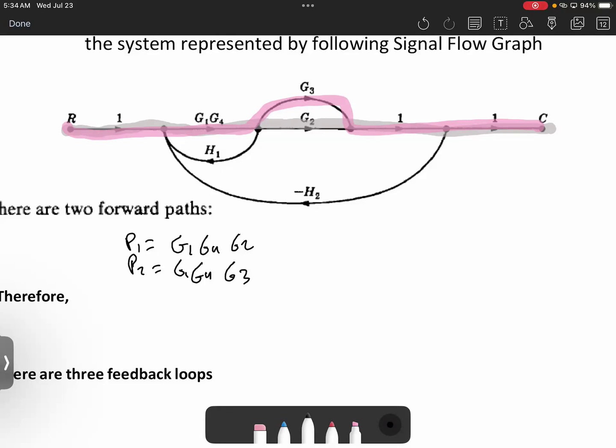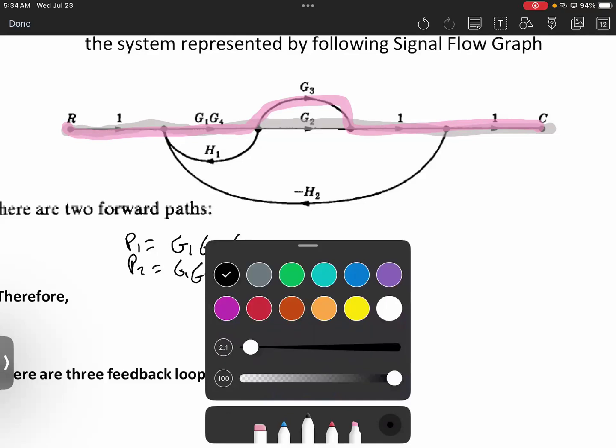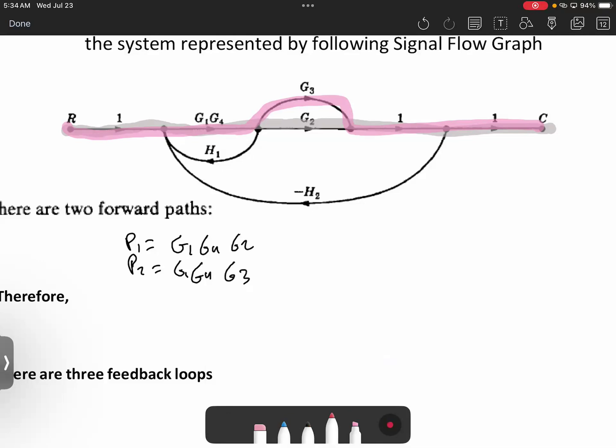How many loops do we have? We have this loop, right? And there is the big one. Is there any other loops? This loop 1, loop 2. Do you think there's any other loop?